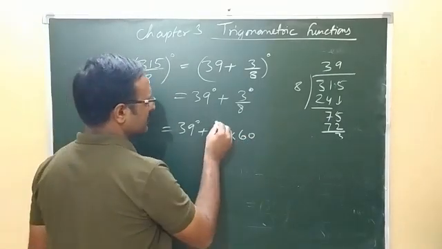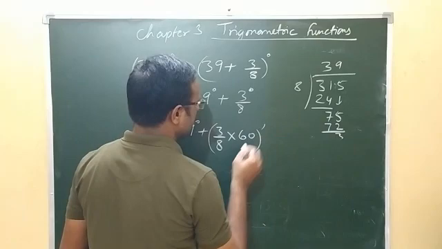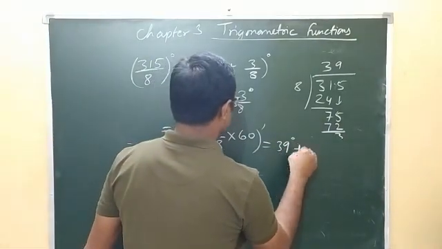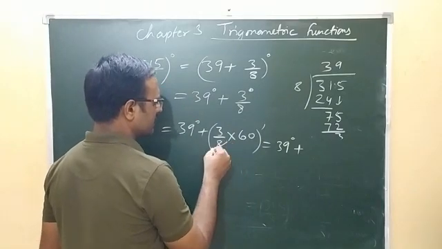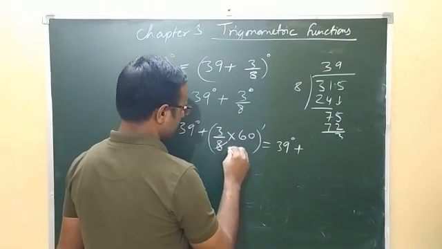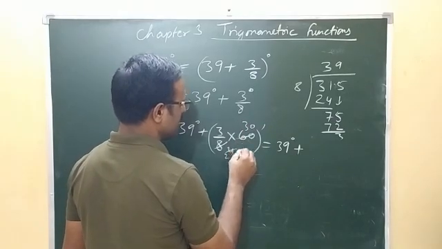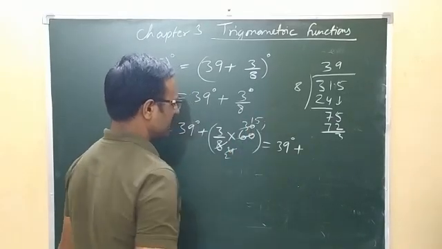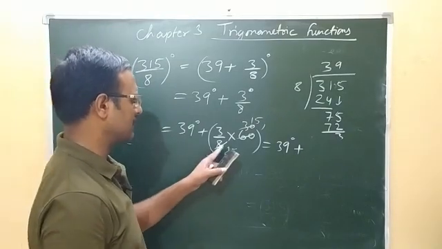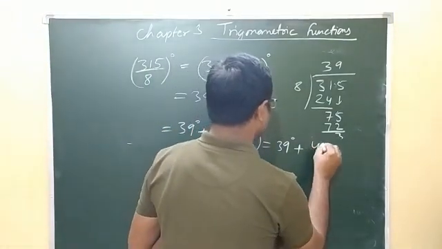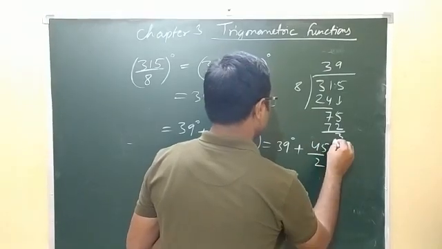So you multiply it with 60 minutes and then you write it as minutes. What are you getting? 39 degree plus, if you solve this, you will get 4, and this is 30, again you divide by 2 and get 15. So you can say it as 15 into 3. 15 into 3 will be 45 upon 2 minutes.